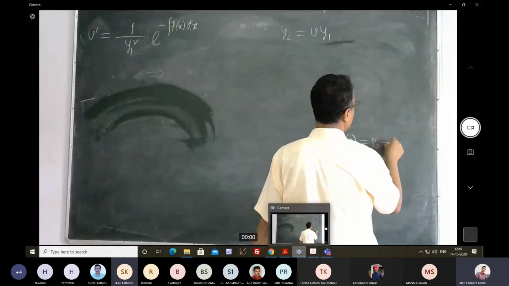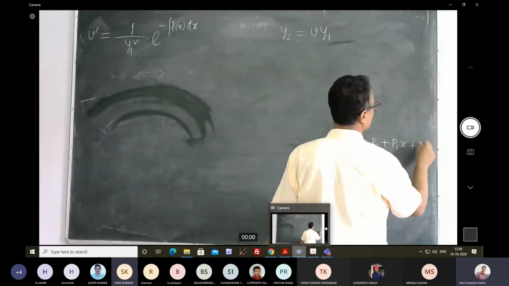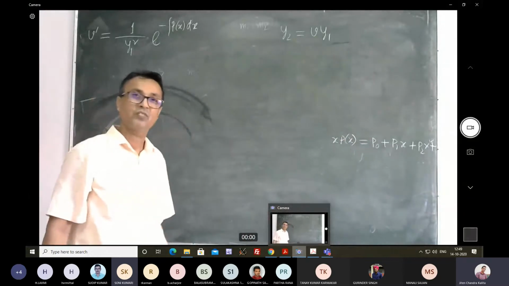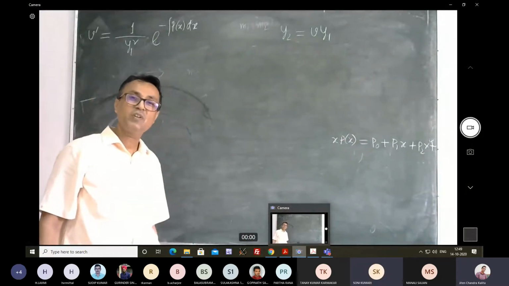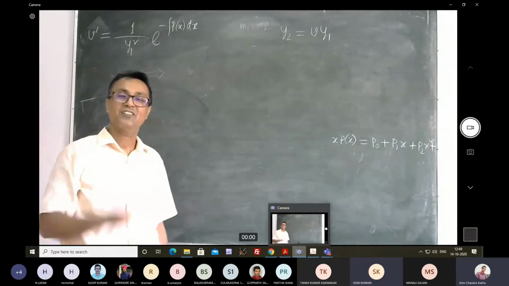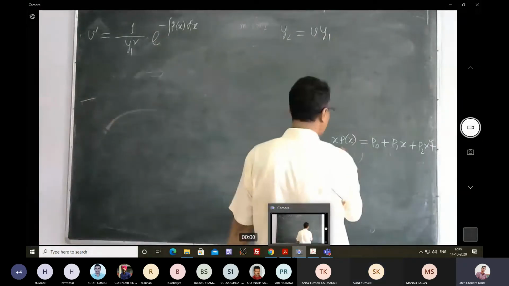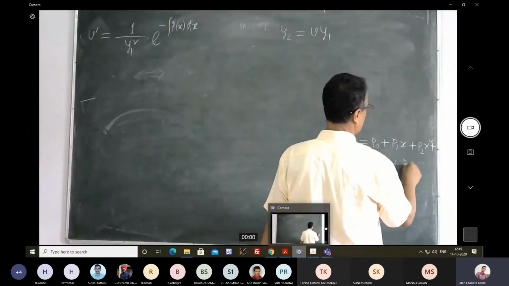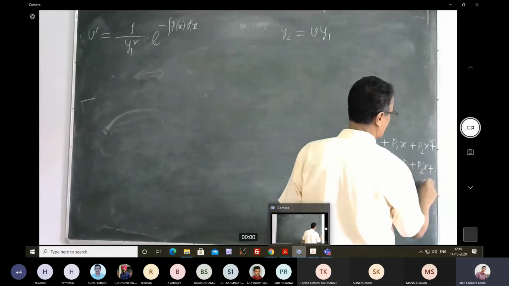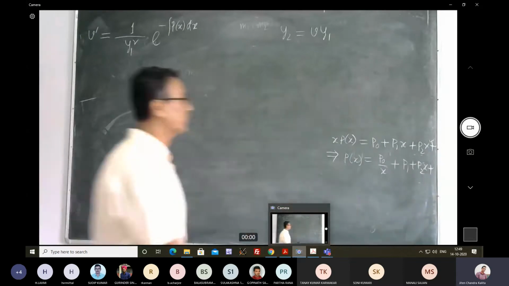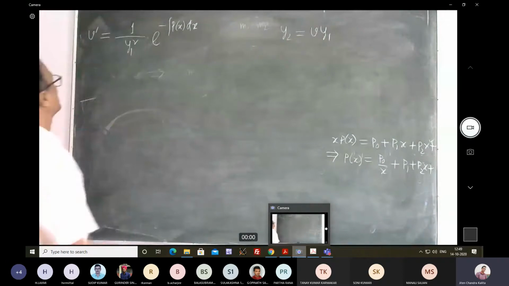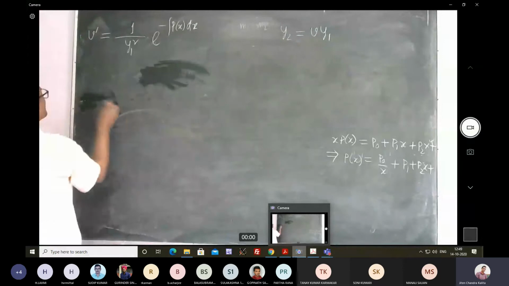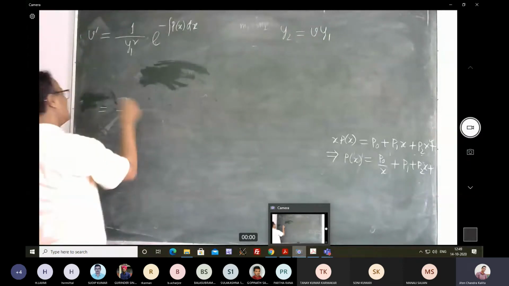Now, if you recall, x p(x) was p naught plus p1x plus p2x squared, etc. We already assumed it to be of that form, isn't it? Yes, fine. So this implies p(x) is going to be p naught by x plus p1 and so on. For the timing, let me write it this way.